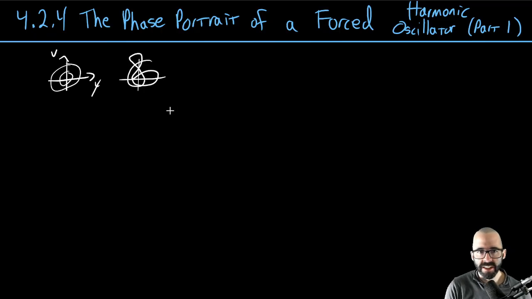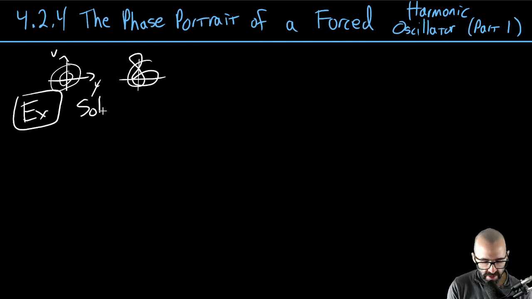It's not actually crossing. It doesn't violate uniqueness. This is just a two-dimensional projection of something in YVT space, and we're just not looking at the time component. Okay, so with that said, let's introduce an example, we'll solve it, and then we'll do more analysis of it in the next video.